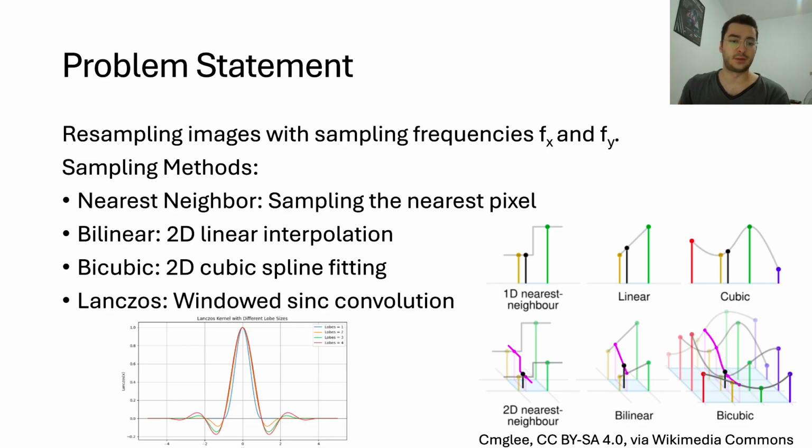You can select 1, 2, 3, 4. 2 and 3 are commonly used, but 4 results in a better output image. And we will use 4 lobes. When you use 4 lobes, you are looking at neighboring 8 by 8 pixels. So this means we will have to sample 64 pixels when we want to sample an output pixel.